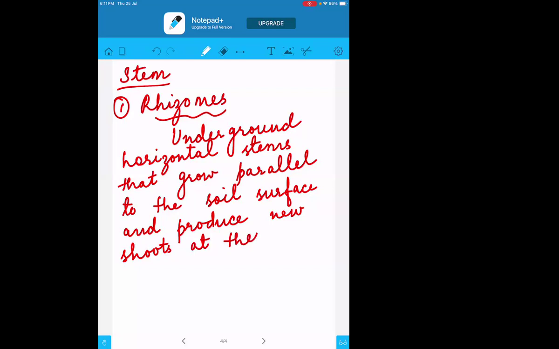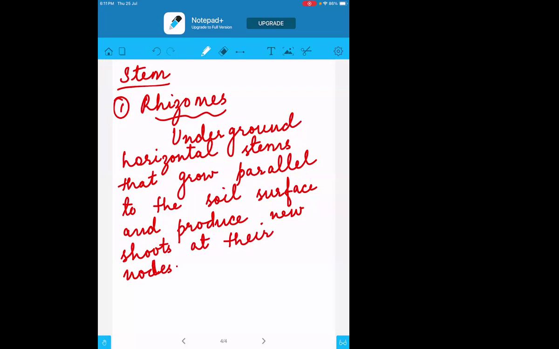So wherever the nodes are present, there they will be producing the new shoots. The main quality of them is they will be growing underground and they are the horizontal stem. They will be growing parallel to the soil and they produce the new shoot at the nodes.